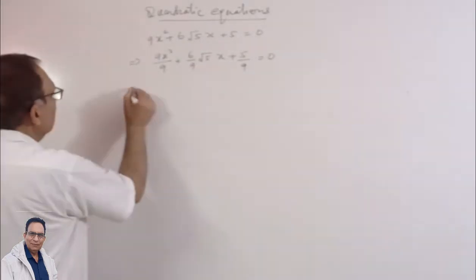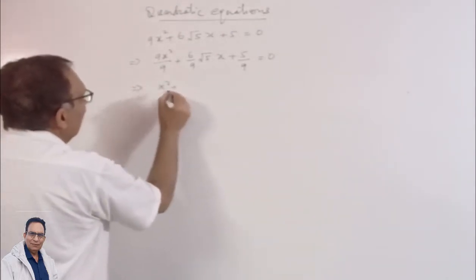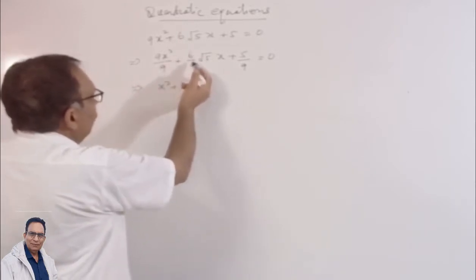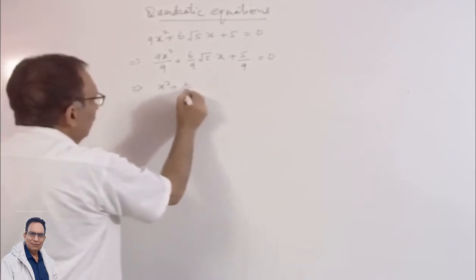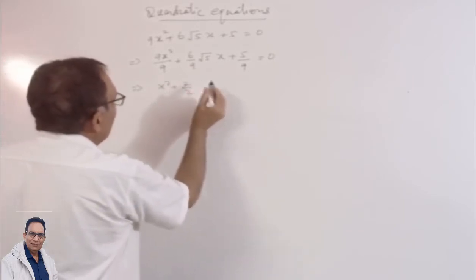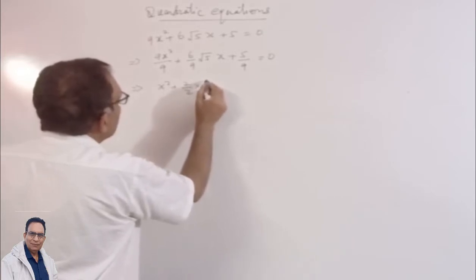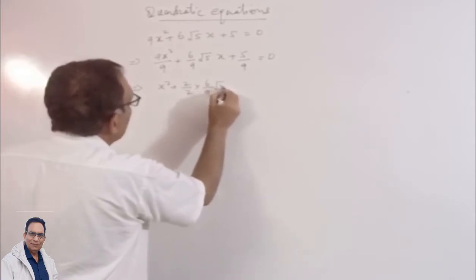Then what you do? 9 cancel, it is x square. If you don't want to make any change here as such, you simply write 2 over 2. And here I write 6 over 9 radical 5.